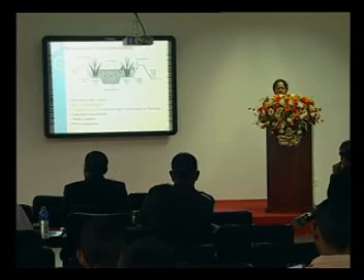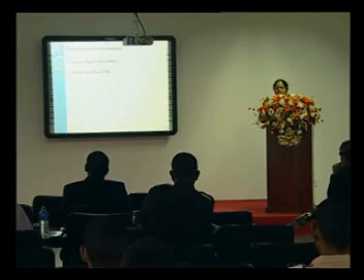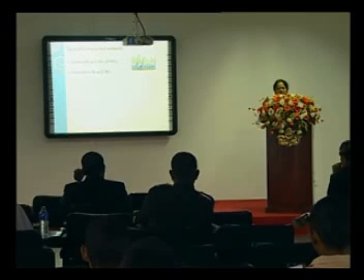If we see the types of constructed wetlands, basically we have two types according to the water column. Surface flow constructed wetlands, when the water flows above the substrate media, and subsurface flow constructed wetlands.